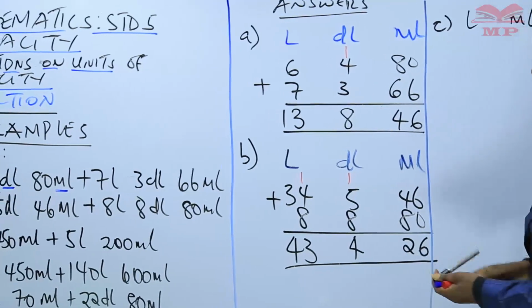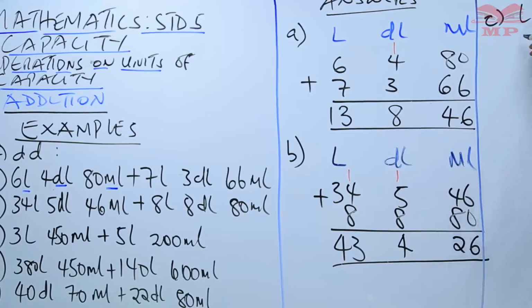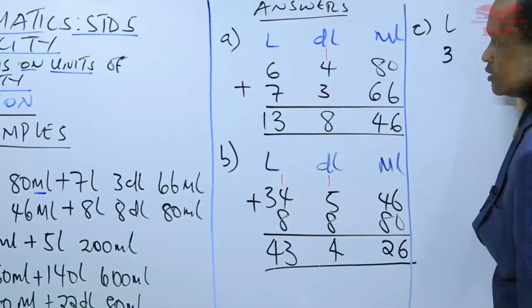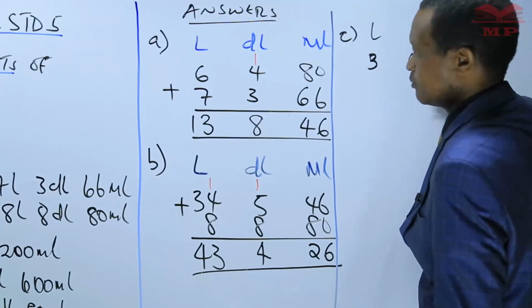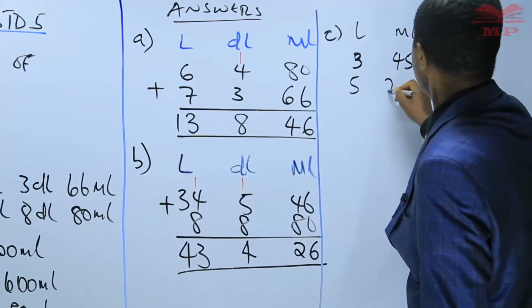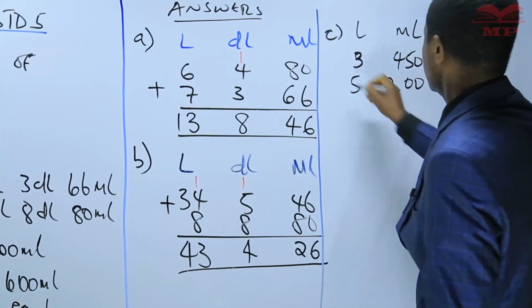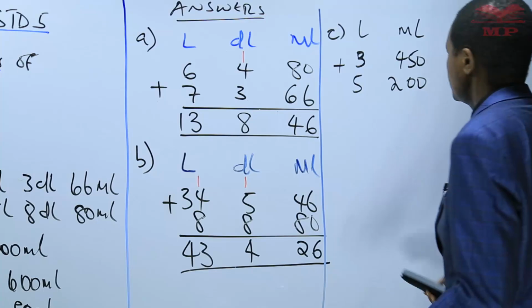So I'm adding 3 liters 450 milliliters to 5 liters 200 milliliters. Add. This was a simple one.